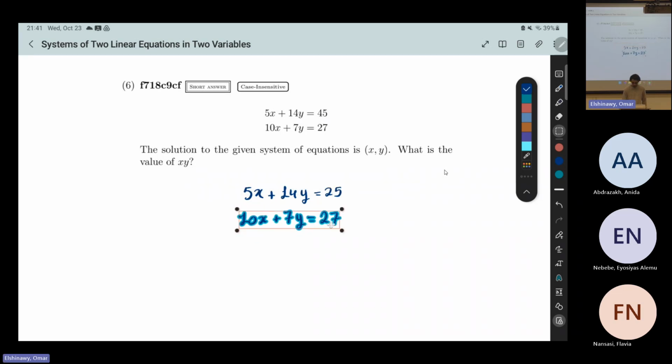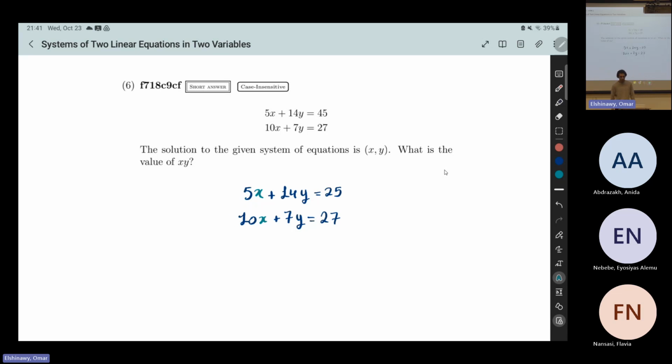But then what? Then I would like to use elimination, and this is quite convenient because I can see initially now that here I have 5x, 5 next to the x, and 10 next to the other x.